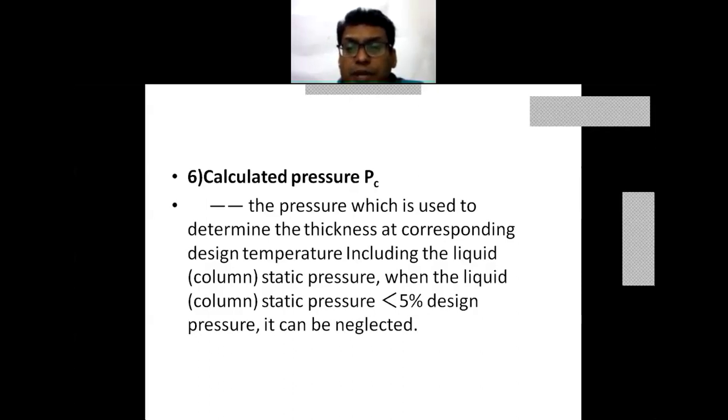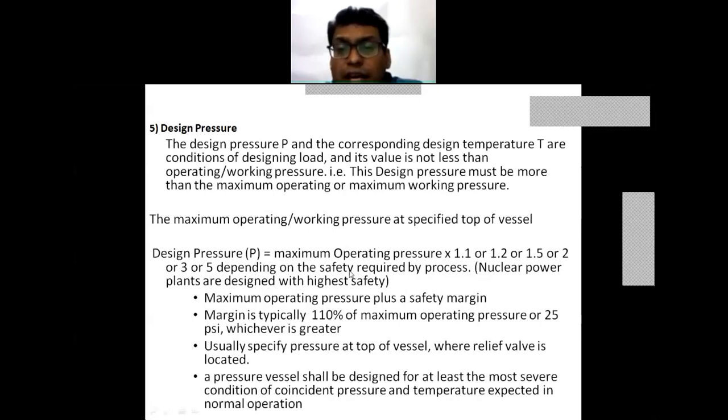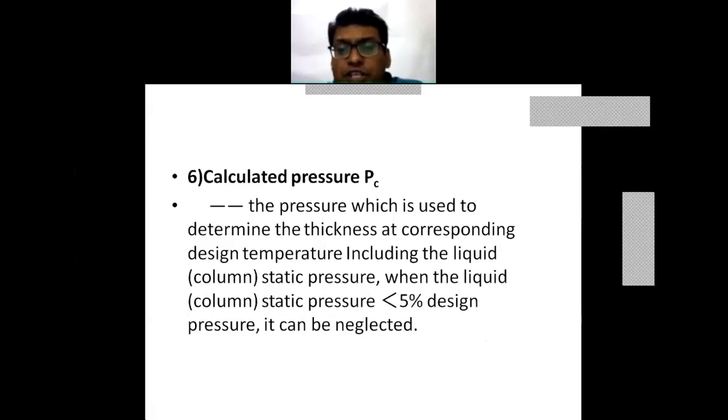It means I am considering the static pressure also. Here I am considering the gauge pressure, and in addition to the gauge pressure, the static pressure also has to be taken into consideration.